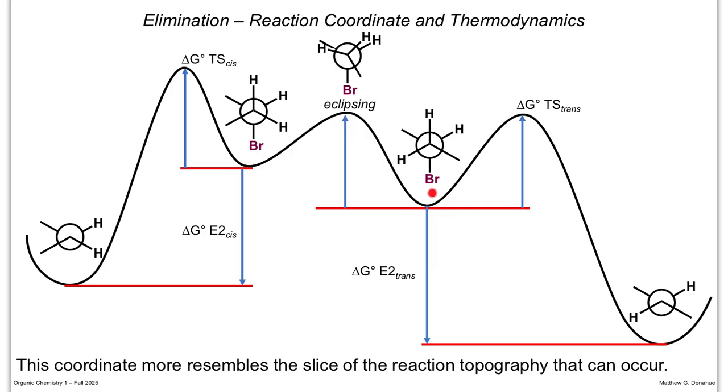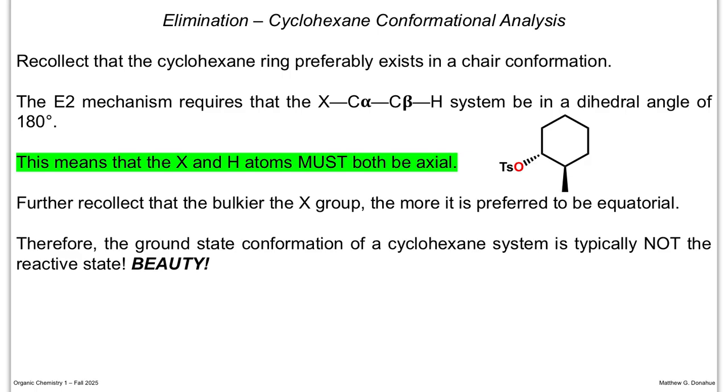So to get to here, you have to put energy in to begin with. Then you have to put even more energy to get over its transition state. So this one, that little ball has to go up a longer path, whereas here it's just getting over that to go to the product. So that's the general theme for acyclic cases.